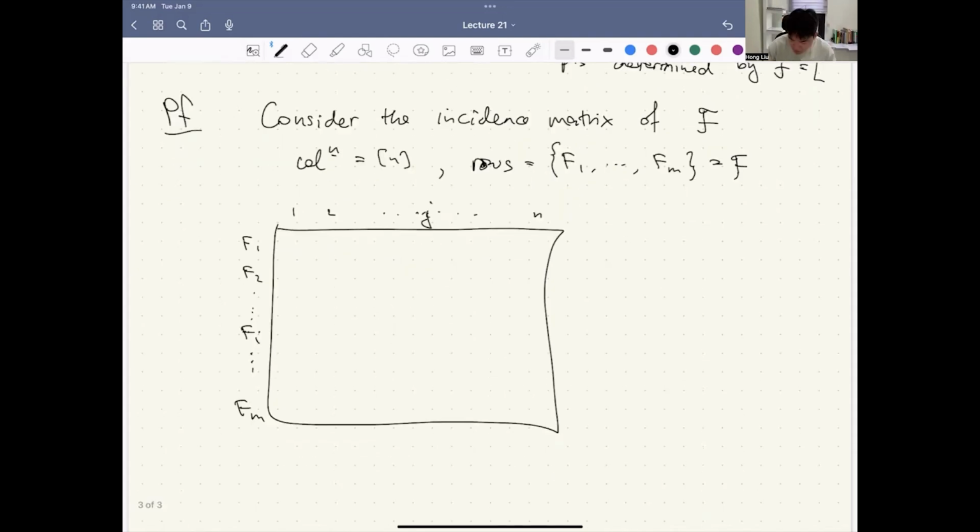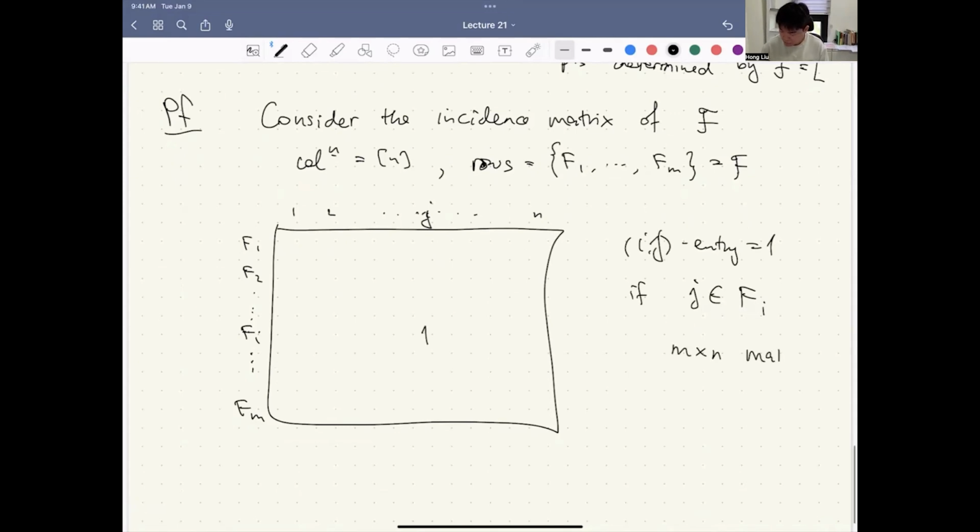And you put the 1 there. So the ij entry is equal to 1 if the element j lives in the i-th set. This is just the incidence matrix. This is an m by n matrix.